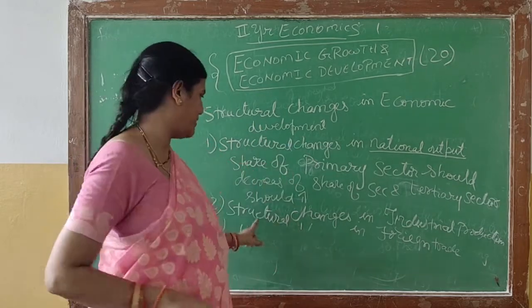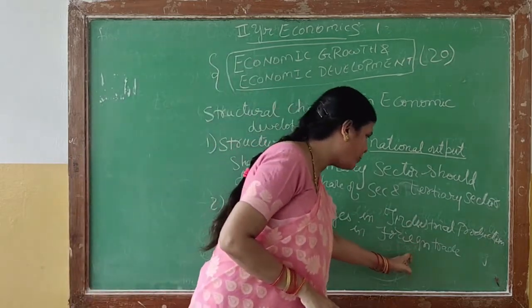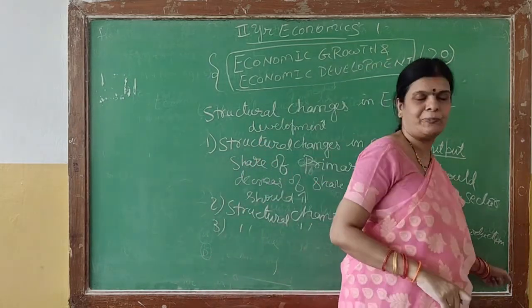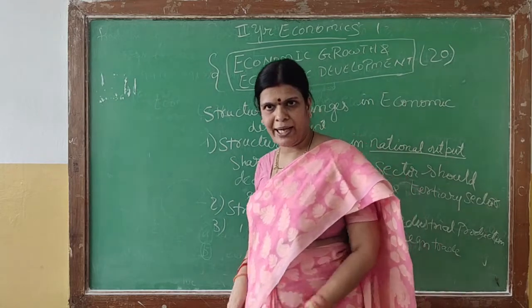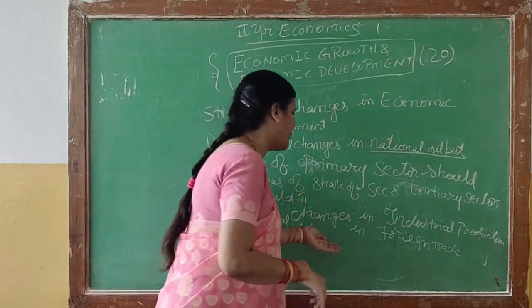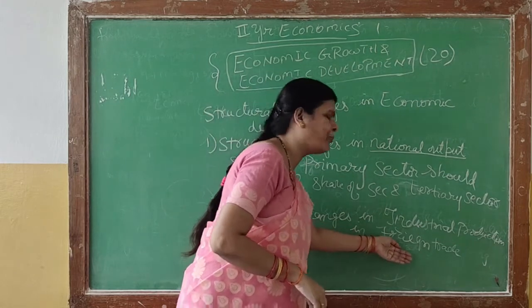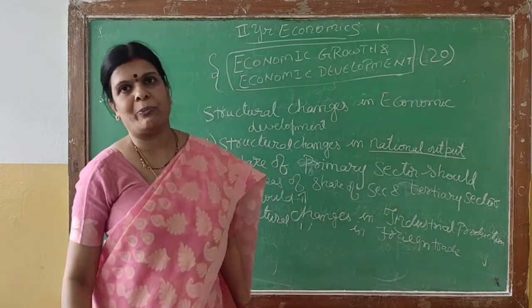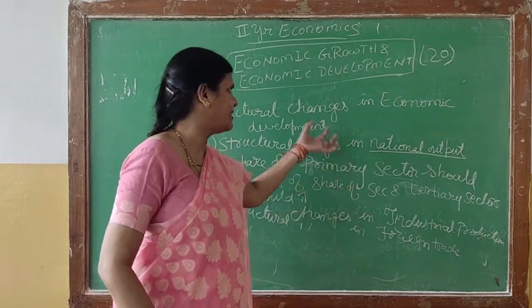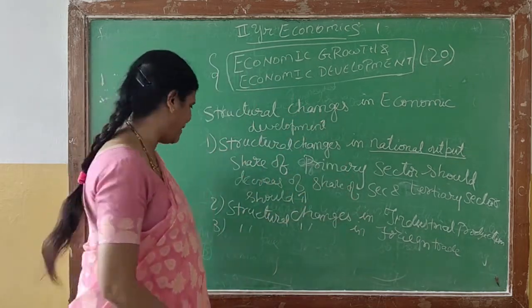So what should this foreign trade be? Final goods or capital goods should be exported, and we should also try to minimize the import of consumer goods. Then only we can say that we are in the stage of development.